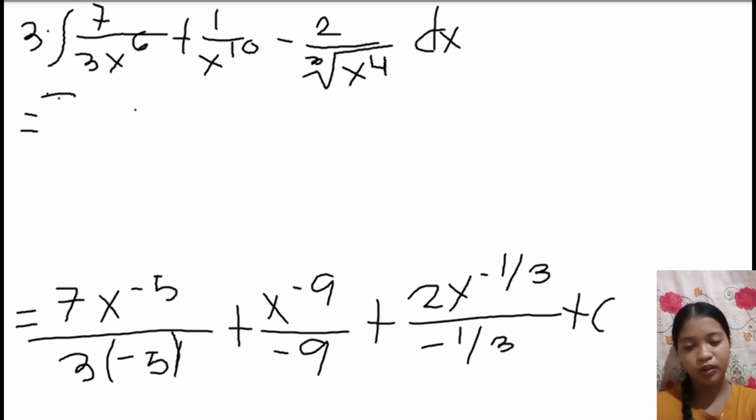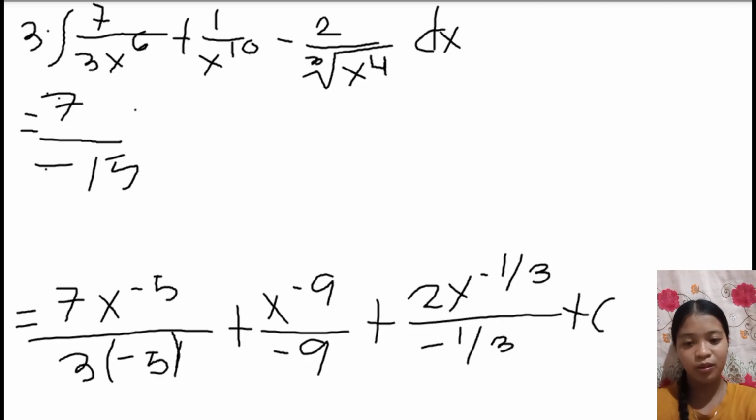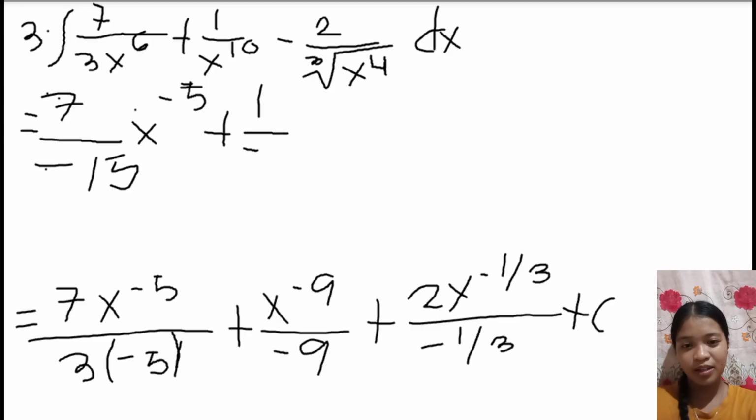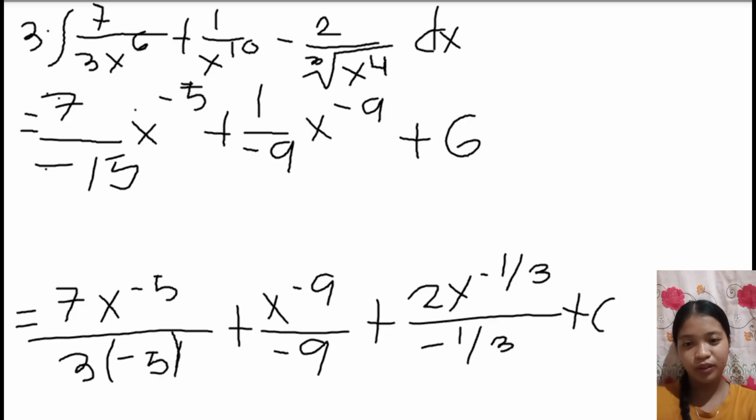Since there's still something that we can multiply, we're going to multiply the 3 and the negative 5. So it will be 7 over negative 15 x raised to the power of negative 5, plus 1 over negative 9 x raised to the power of negative 9, plus 6x raised to the power of negative 1 third plus c, and that's our final answer.